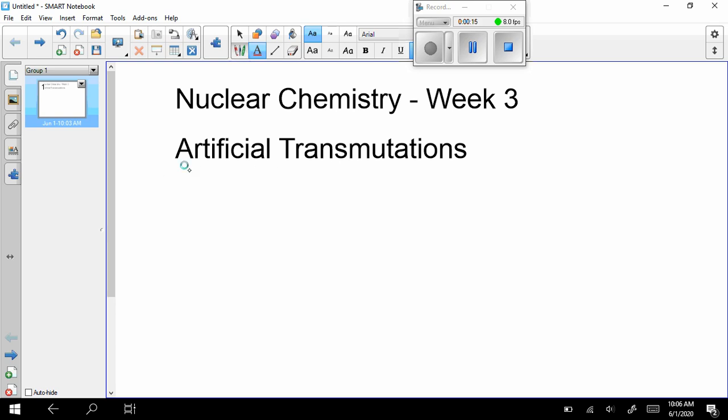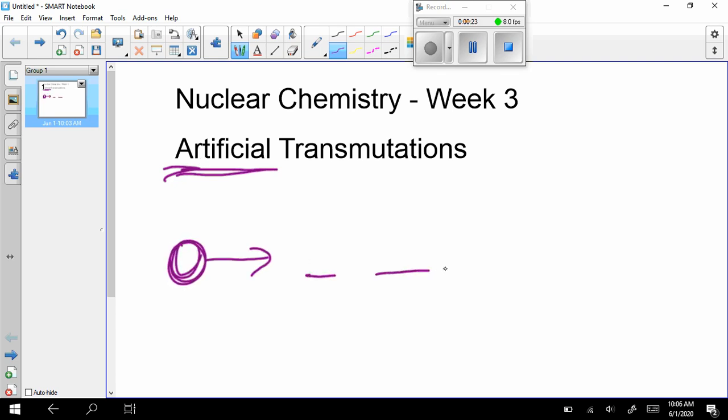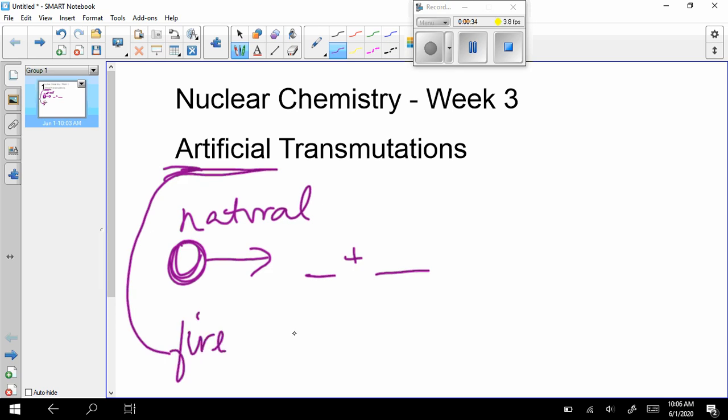This is nuclear chemistry week 3, and we are going to do artificial transmutations. So artificial means not natural. If it is natural, we started with one nucleus, and remember it decayed into 2 parts. With artificial, you're going to fire something at your nucleus. So you have your nucleus, plus you fire something at it, and that causes it to break apart.